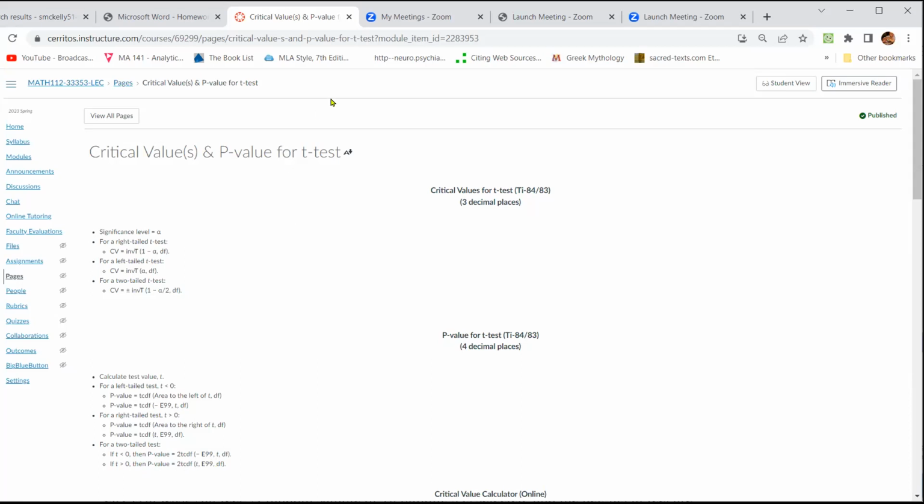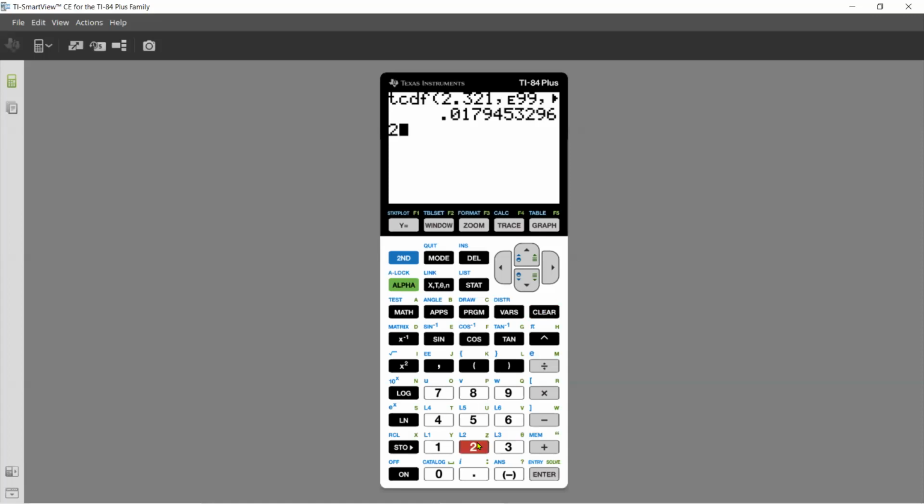So it looks like this. I'm going to have 2 times, and you enter the 2 independently of your TCDF, 2 times second distribution, TCDF, 1.945, to infinity, right?